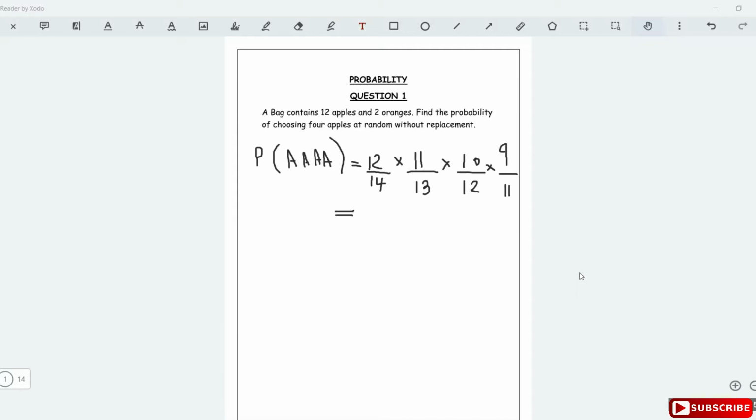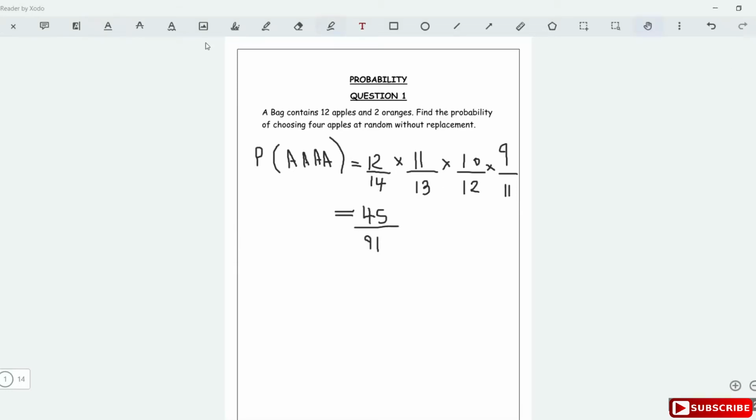Then that's multiplied by 9 divided by 11. So we evaluate all of this. 45 over 91. That is what we get. 45 over 91. That's the probability of getting 4 apples. It's without replacement. That's why the denominator changes.